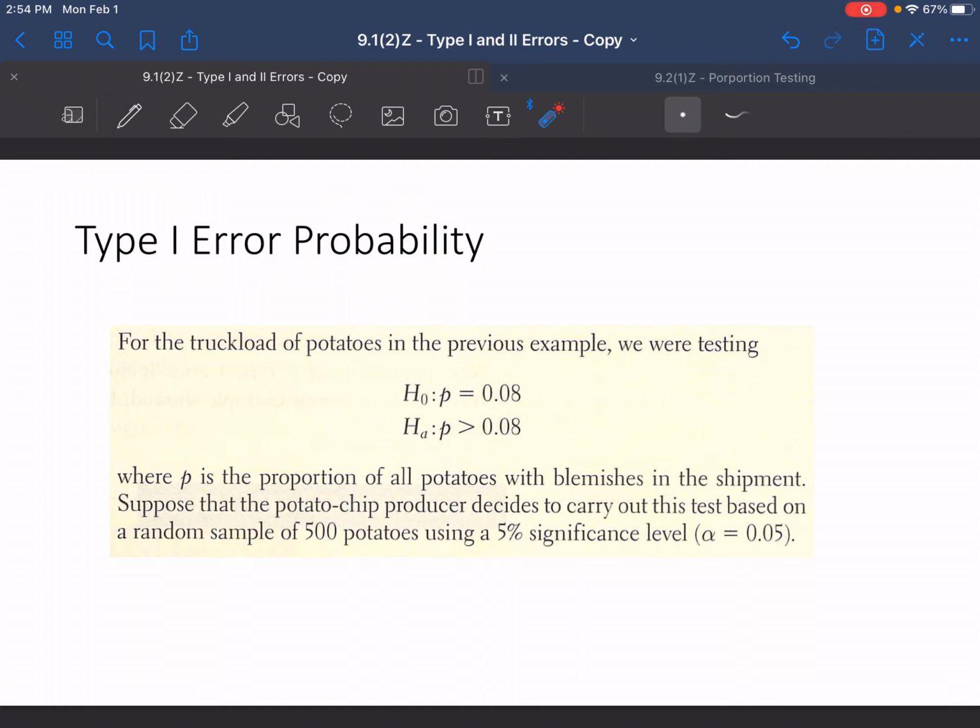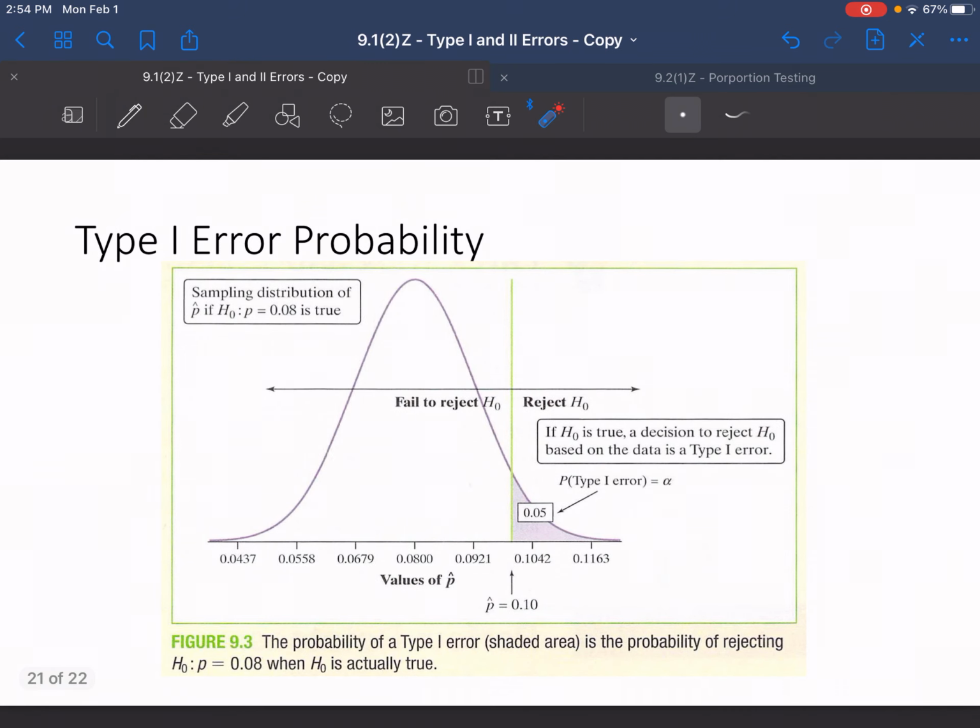Where p is the proportion of all potatoes with blemishes in a shipment, suppose the potato chip producer decides to carry out this test based on a random sample of 500 potatoes using a 5% significance level.